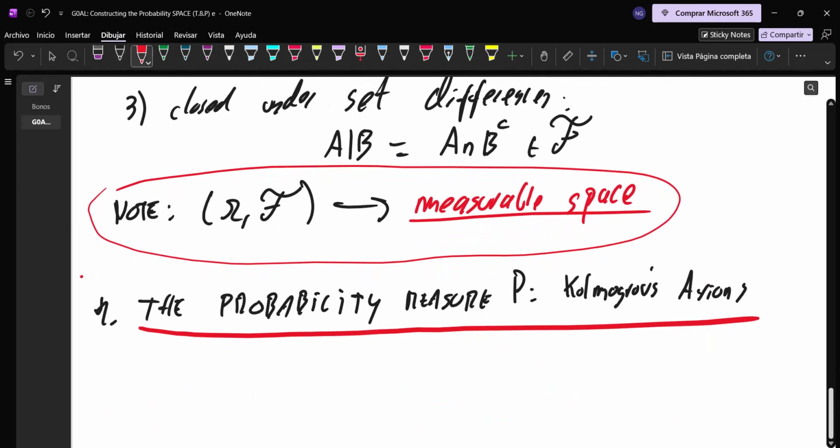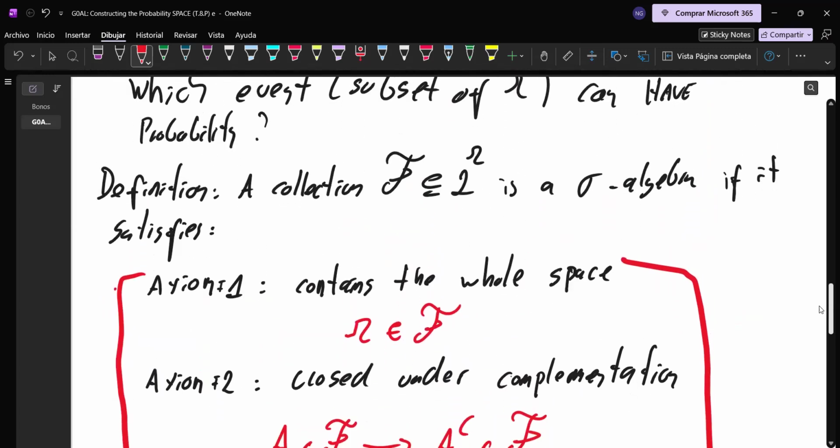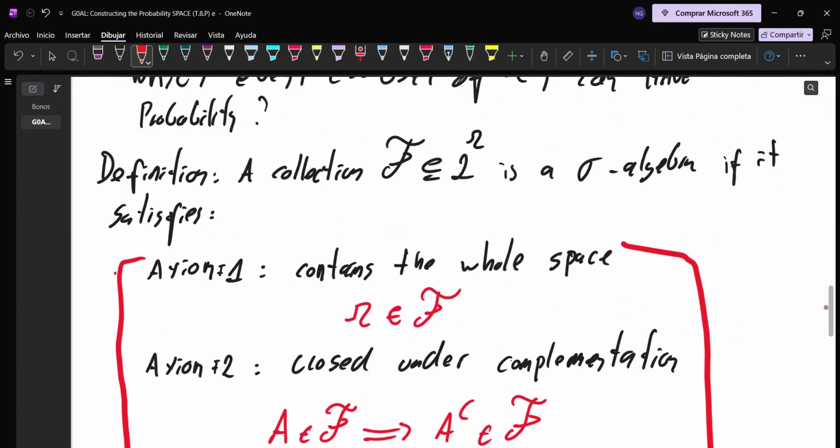Now we assign numbers to events. This is the idea. Also think about this construction. First, Omega is the set of outcomes, like a coin flip, a default, and something like that. Second, we have rules for these events, and these rules are F. It is very important to say which type of event collections I can measure.